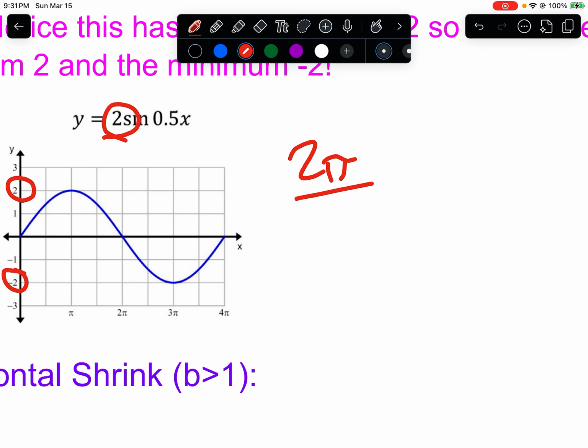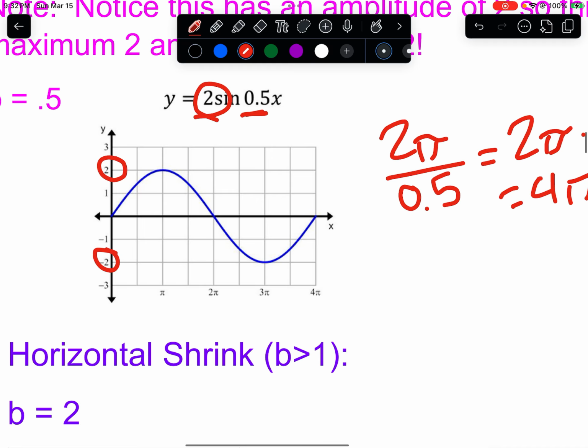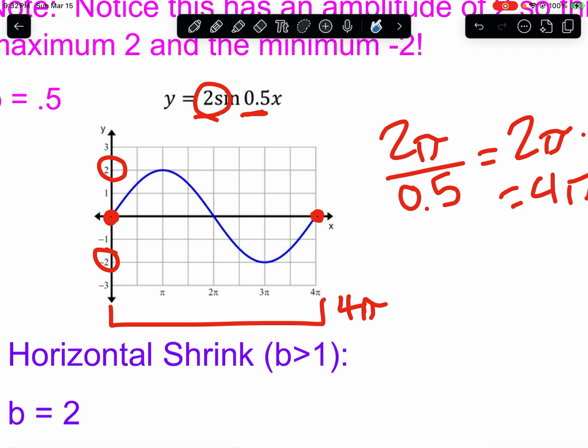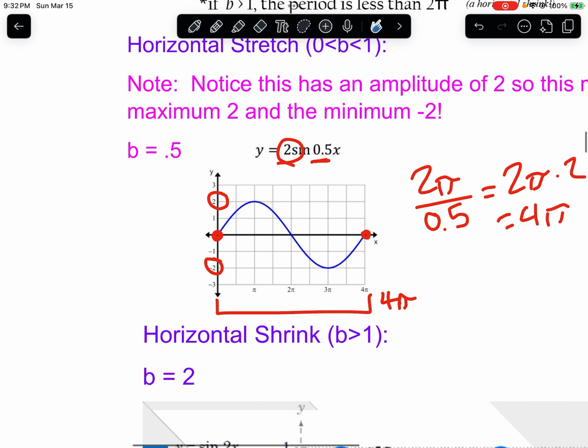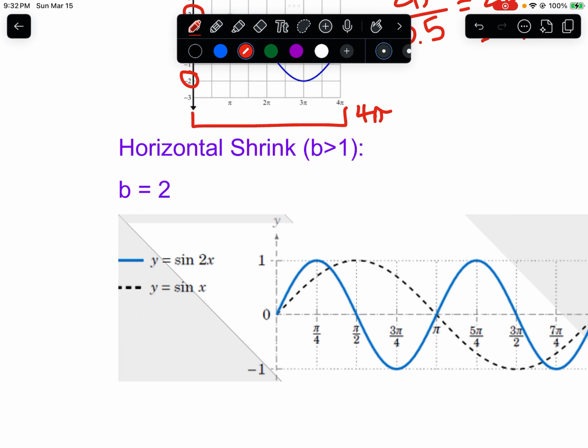And then if we were to take our 2 pi over 0.5, say that is our b value in this case, that would get you 2 pi times 2, which is 4 pi. And so if we look at where we start and where we finish, that is a distance of 4 pi, rather than the typical 2 pi that we would normally have there.